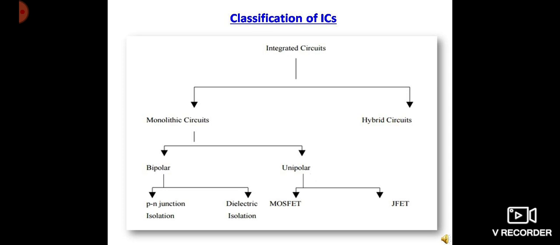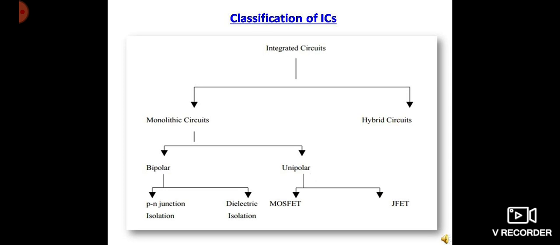Bipolar type of IC, as you can see here, is further classified into PN junction isolation and dielectric isolation types, depending on the isolation technique used. While studying the IC fabrication technique, you will come to know what this isolation means.